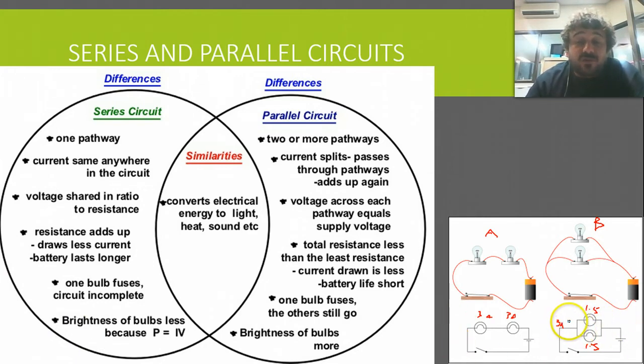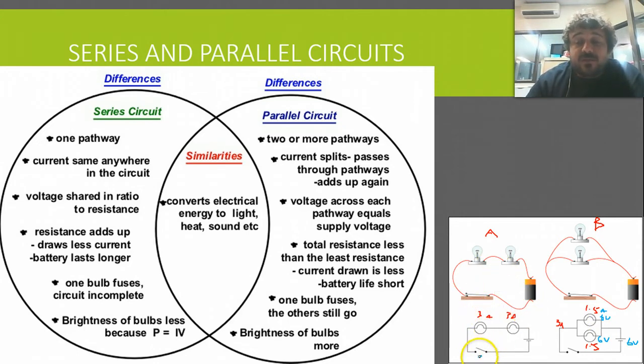Now if we want voltage, you can see here the voltage across each pathway equals supply voltage. So if we're at something here which is 6 volts, that means this one will get 6 volts and this one will get 6 volts. That's very interesting. We put a little V there, so that makes sense. If you're going to put numbers on something, you should label it, which means this one here should have an A. But whatevs, you get it.